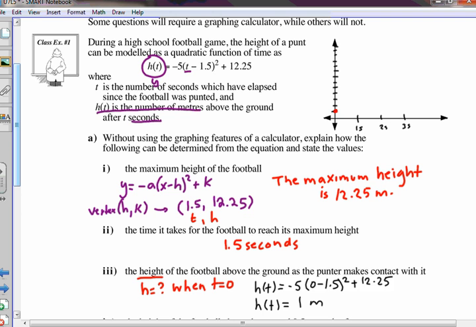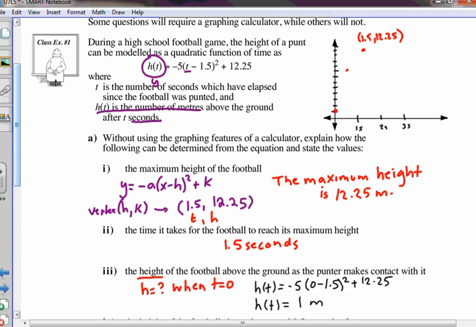When was that? 1.5 seconds, it got to 12.25. So 1.5 seconds, it was 12.25. What else do we know? At 0.5 seconds, how high was it? 7.25. So 1, 2, 3, 4, 5, 6, 7, and that's at about half.